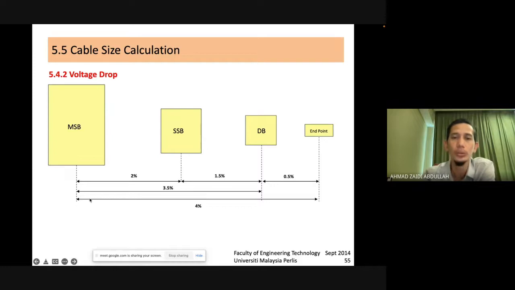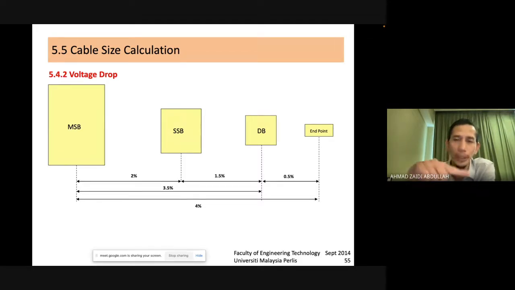From here to the end of the load, the total voltage drop must be only 4%. If it is more, that means the proposed cable size is not suitable anymore, so you must increase the cable size by one step larger.